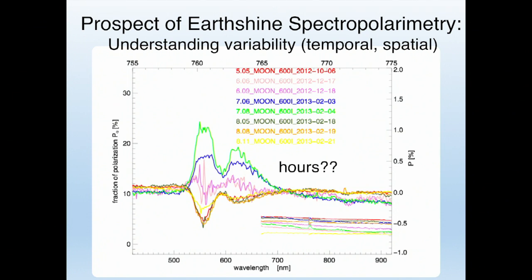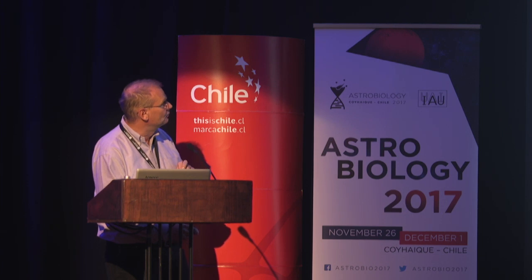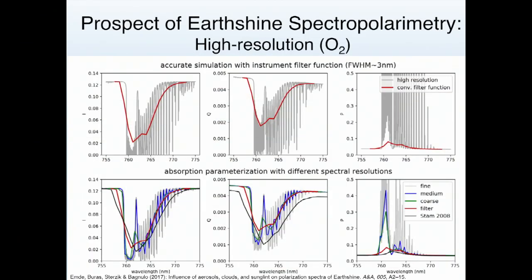I'm giving a hint here that our models are line-by-line radiative transfer models, so we can and we do simulate the oxygen bands in high accuracy, and we always have to be careful with what observational resolution you observe to interpret the strength of this band correctly. High resolution has quite some promise.